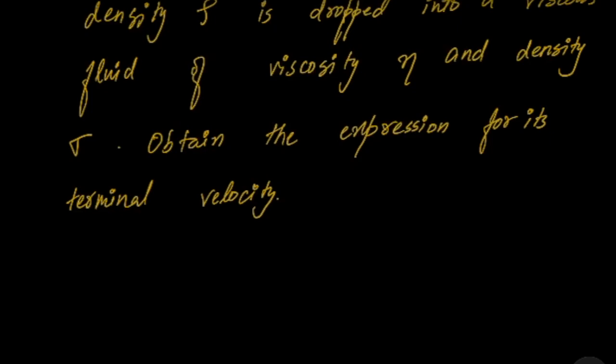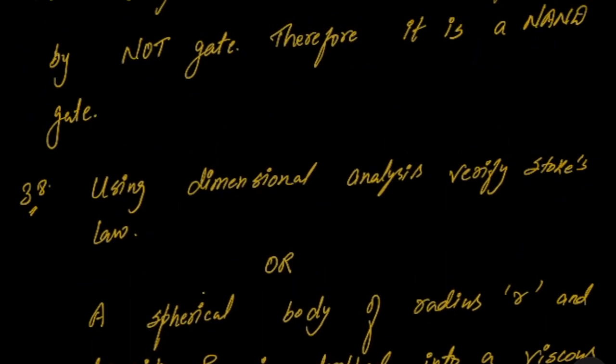So the first thing, just dimensional analysis. Using dimensional analysis, verify Stokes law. So first of all we will write what Stokes law is, and then we will solve it. We can also start directly because it is not asking for the statement, but I am just telling you.